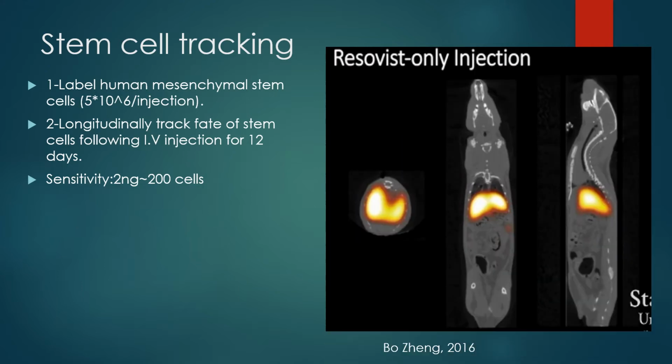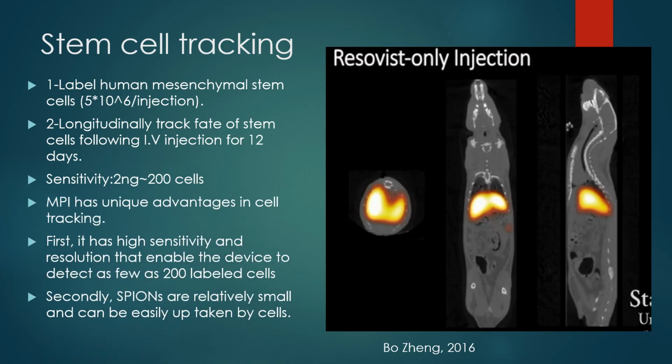And this is the picture. It shows when they inject only the magnetic nanoparticle into mice, it does not get stuck in the lung. It directly went to the liver, and it biodegraded in that place. So this shows MPI has unique advantages in cell tracking because it has high sensitivity and high resolution.